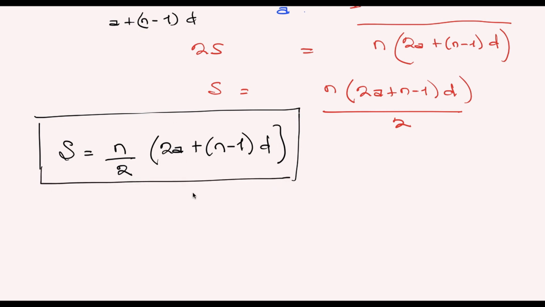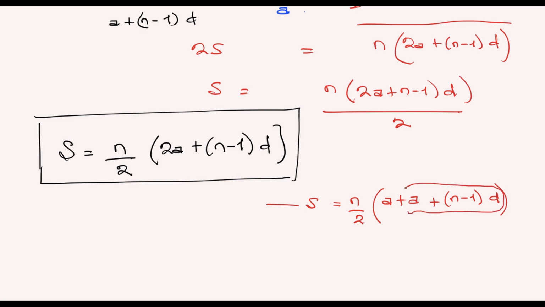But we're not going to stop here. We can tell that this is the same as saying S is equal to n over 2, and then 2a is a plus a, which is simply 2a, plus (n minus 1)d. But don't forget that we have a plus (n minus 1)d right here.